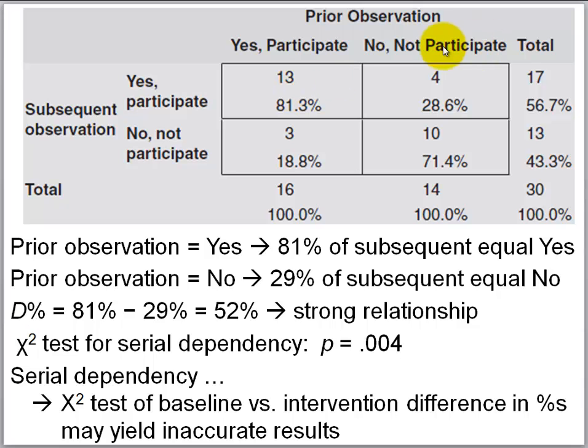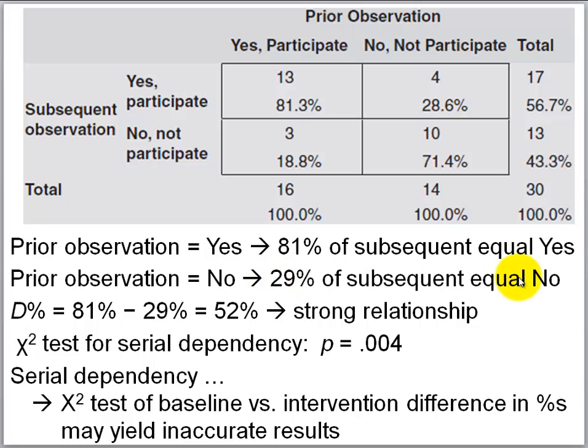But on the other hand, if the prior observation was no, did not participate, then the subsequent observation was yes, participate in only 4 of 14 cases, that is 29% of the time. So where the prior observation is yes, 81% of subsequent observations are yes. Where the prior observation is no, only 29% of subsequent participations are yes.